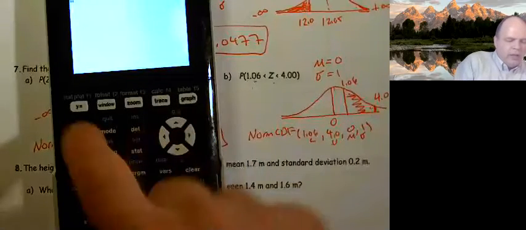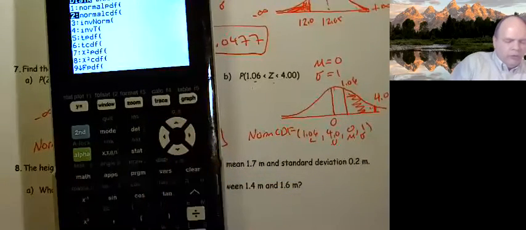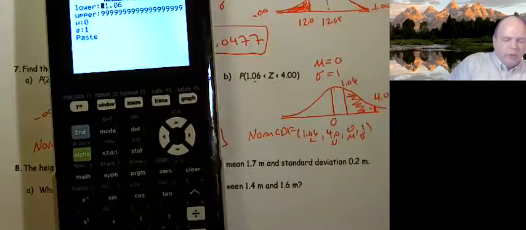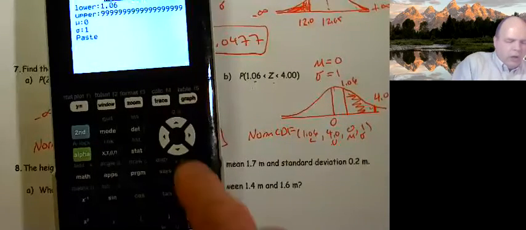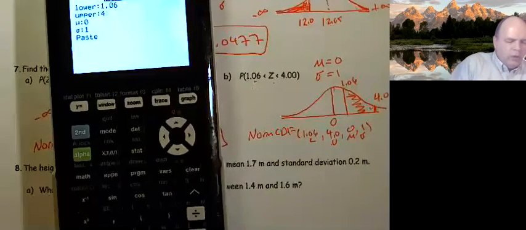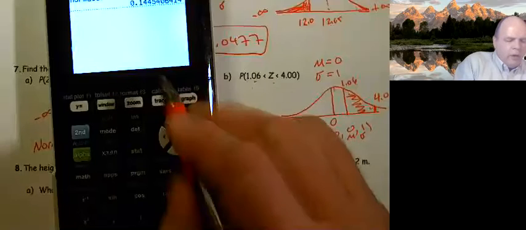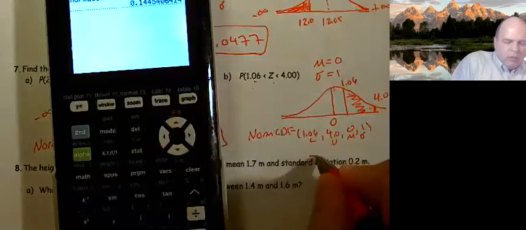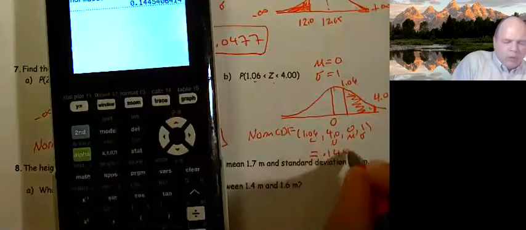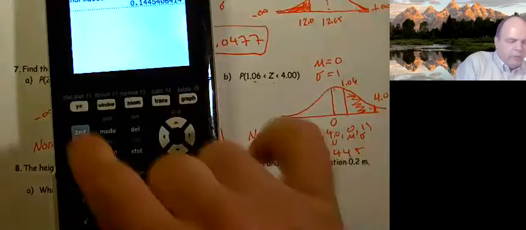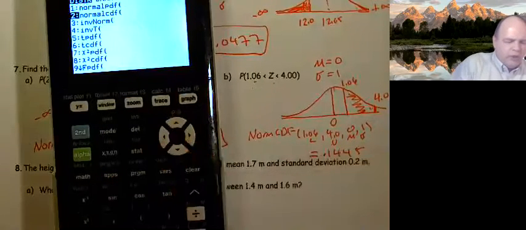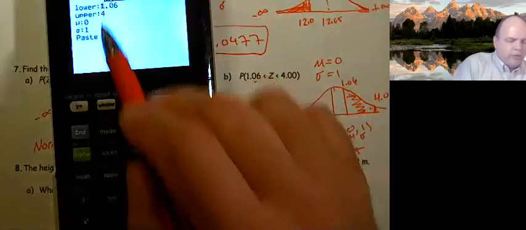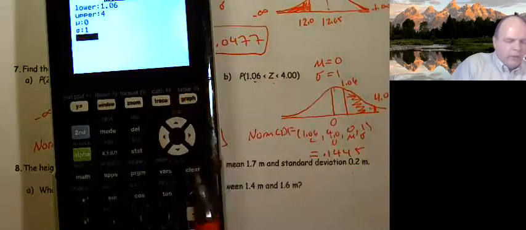Please remember, once again, all z-scores have a mean of 0 and a standard deviation of 1. So positive 1.06 all the way to 4. And we're at 0.1445. I'm going to check that value one more time. Second vars, norm CDF, 1.06, upper is 4. That's great. Everything's done right. Perfect.